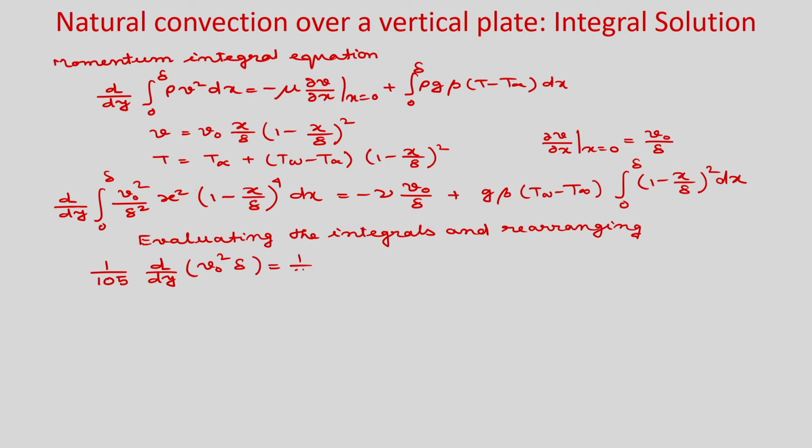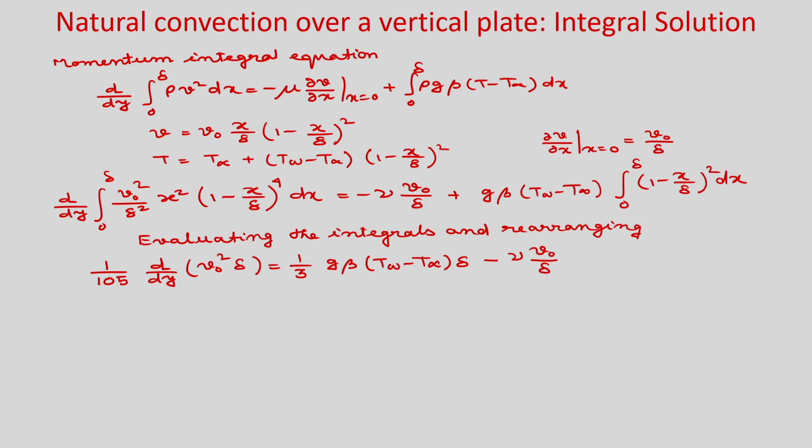If you write first, then it will be 1 by 3 g beta (T w minus T infinity) into delta minus nu v naught by delta.